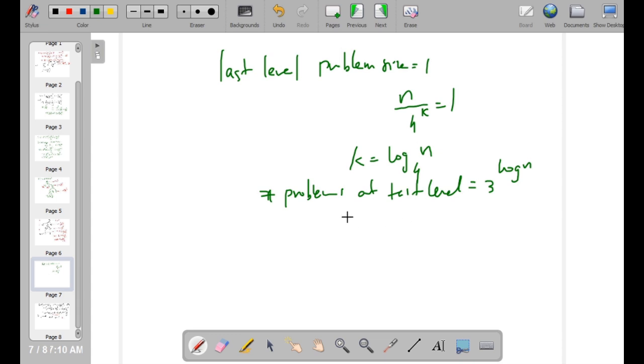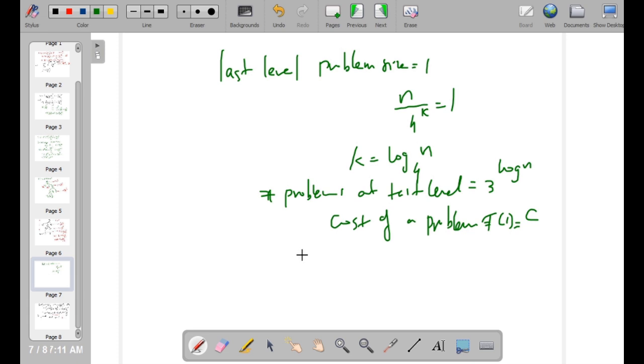Okay, then the cost of a problem. Since problem size is 1, we can write it as some c.